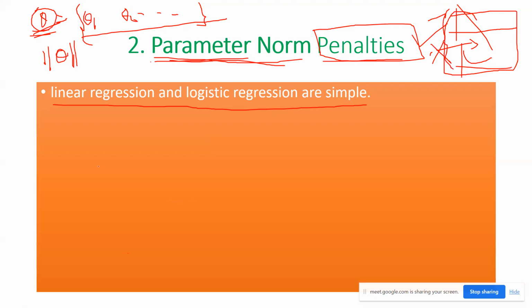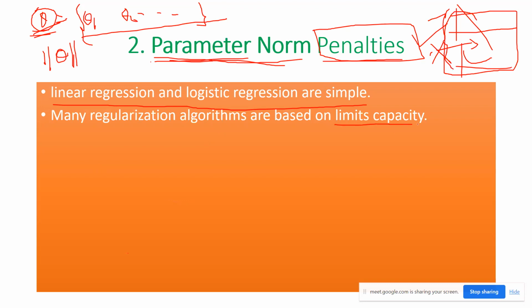So you have to use penalties on the parameters. Many regularization algorithms are based on limiting the capacity. You know that we are going to limit, optimize and control the capacity value of the model, for overfitting and underfitting models. Most of the regularization algorithms work on this, controlling the capacity value.